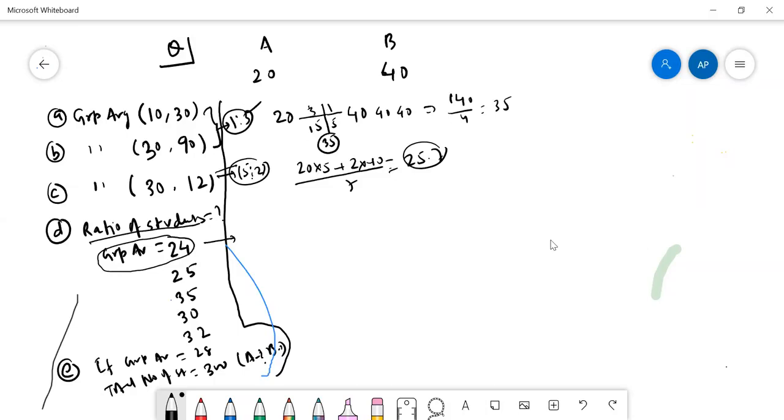So the strategy of these questions will be, and we got the group average as 24.